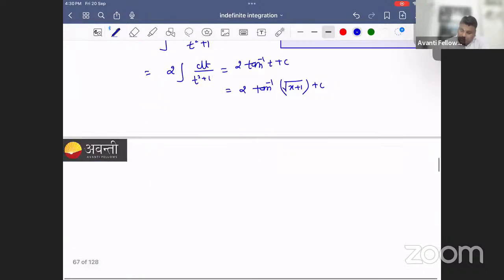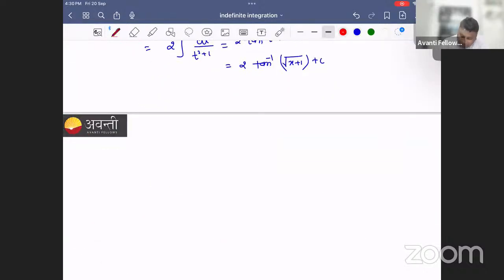Now, let's go with another variety. If it is like integration dx upon linear outside and quadratic inside, like x plus 1 under root of 1 plus x minus x square. So what it is?